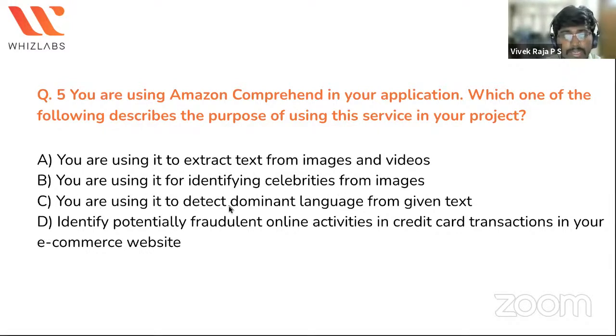You're using it to detect dominant language from given text, or you're identifying fraudulent online activities in your credit card transactions in your e-commerce website. Which would be the perfect use case for using Amazon Comprehend?